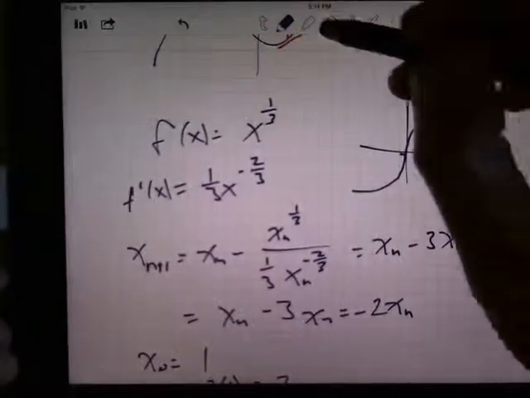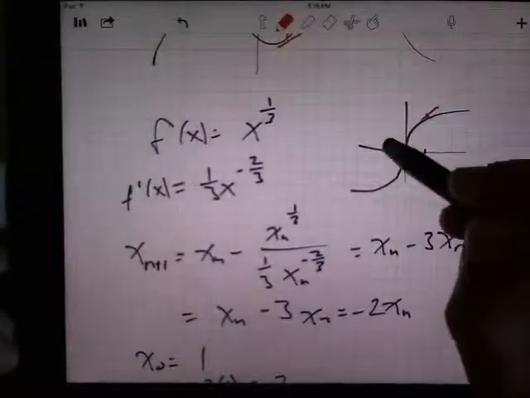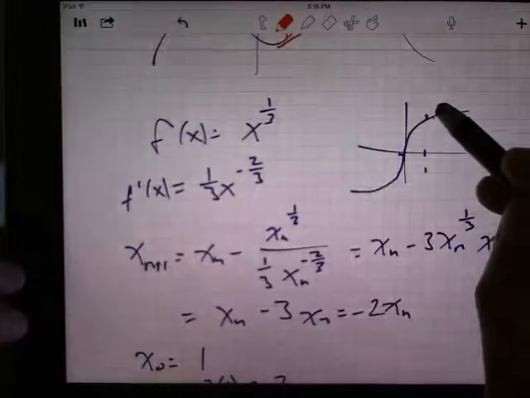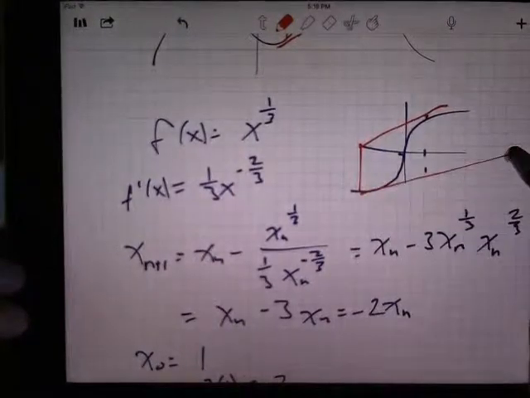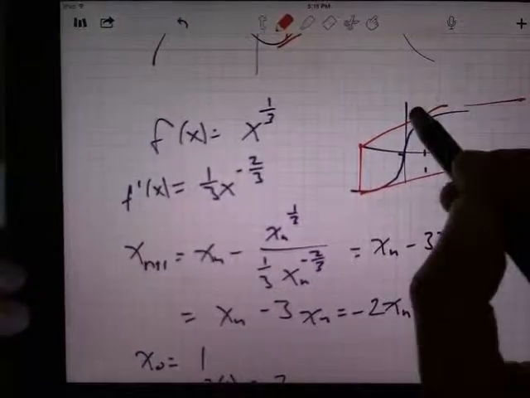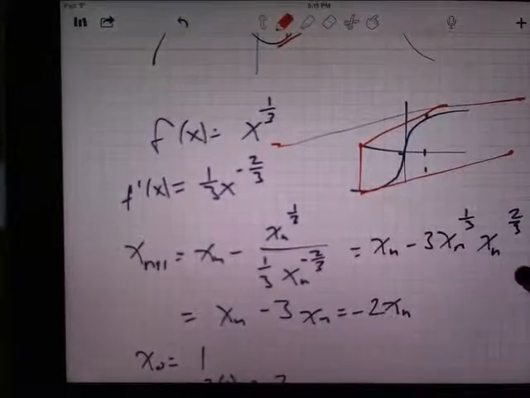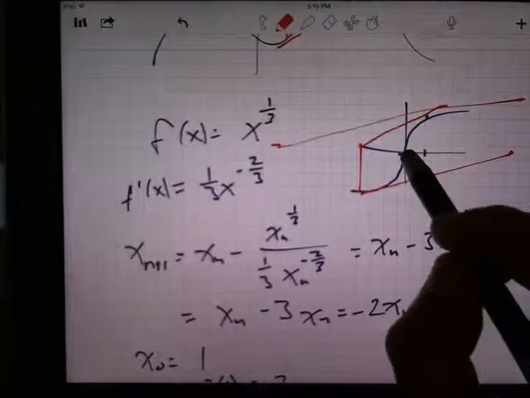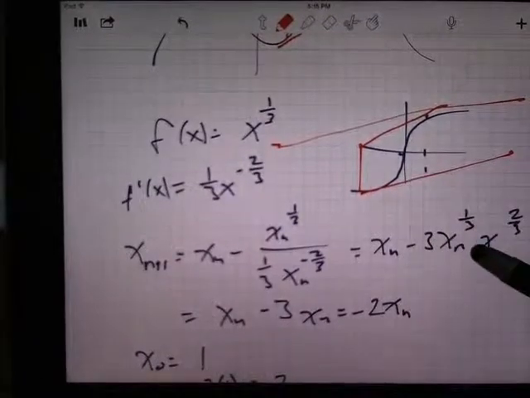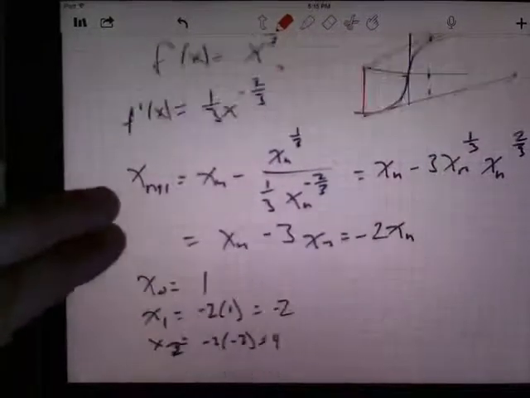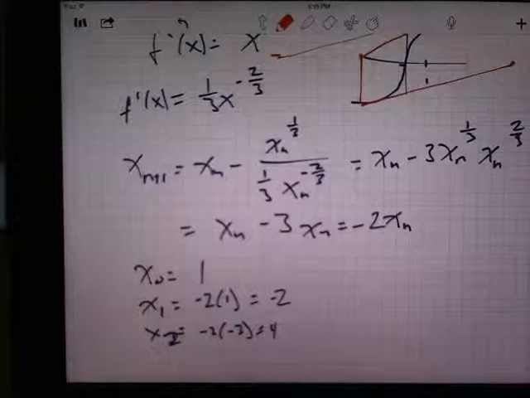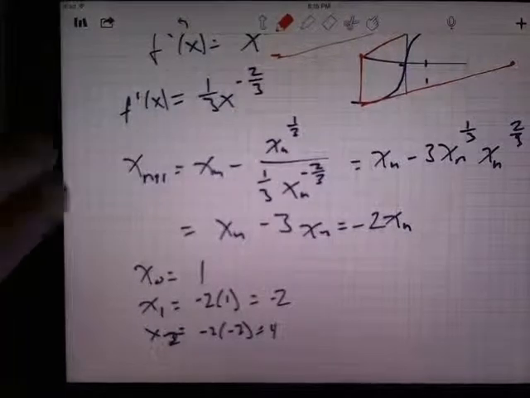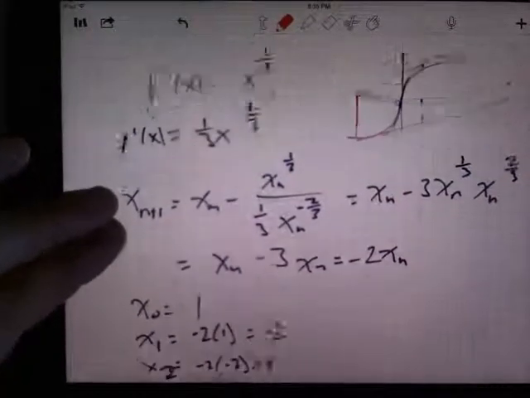I plug a 1 in, the tangent line gets me out to negative 2, this tangent line gets me out to positive 4, the next tangent line gets me out to negative 8, and I'm not even going to come close to that thing. Right? So there's situations where Newton's method won't work. But realize that when it does, it generally works really very fast, and it's a very efficient way of finding approximations to solutions of equations.